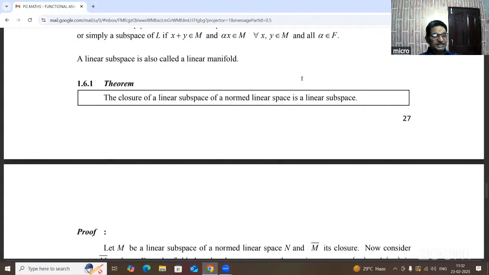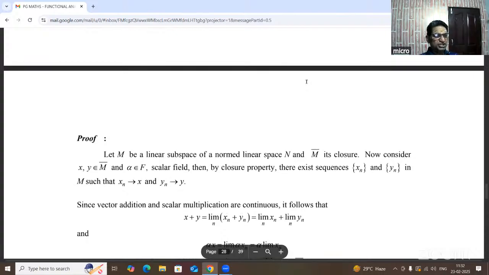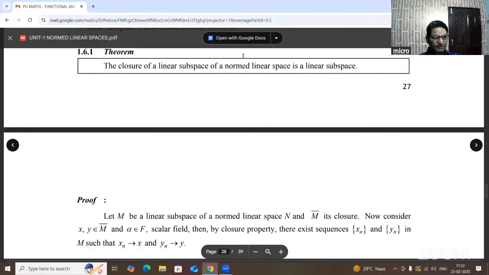This theorem is given a number of times in the final examination. The closure of a linear subspace of a normed linear space is a linear subspace. So first of all, you must understand the concept of a normed linear space and its linear subspace. Then its closure is also a linear subspace.